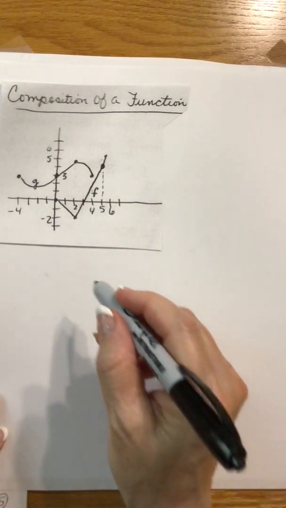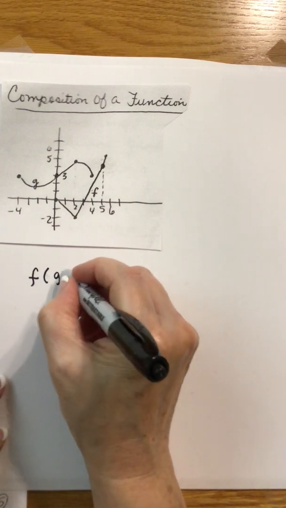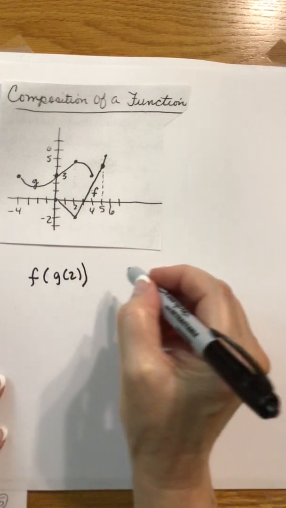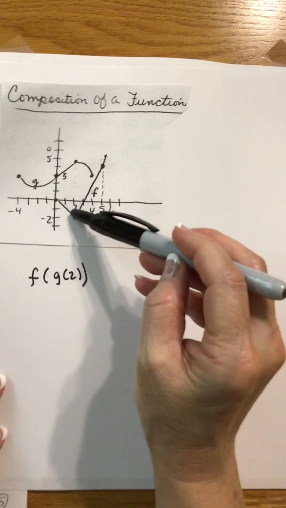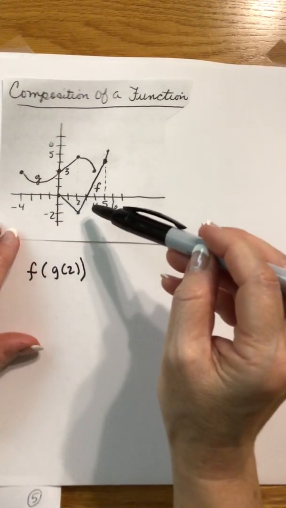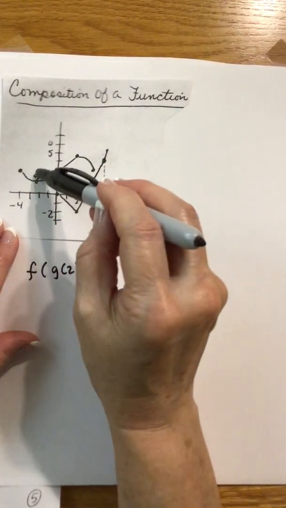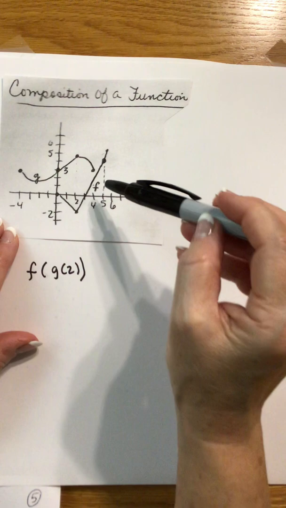All right, so we're going to find f of g of 2. So this one is the function f, and this one is the function g. Okay, the top one is the g. See how the g is here and the f is here.